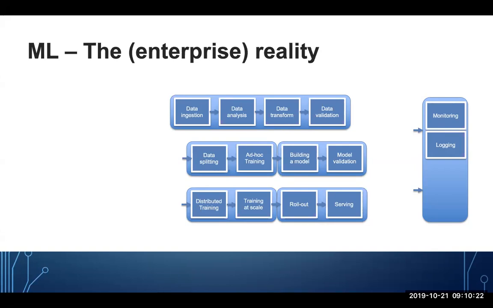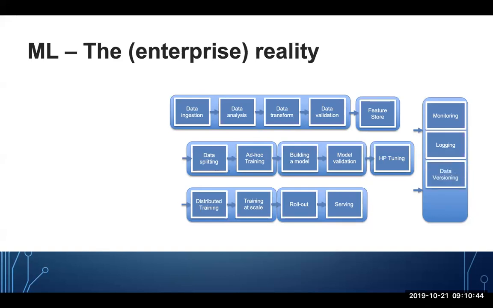And if you're into machine learning a little bit longer and more sophisticated, you're even thinking of maybe implementing a feature store to actually make this part easier, and also to collaborate maybe between different teams in your organization. You also have to think about hyperparameter tuning. So how can you actually find the perfect model? Then topics like data versioning and also experiment tracking are very important nowadays.